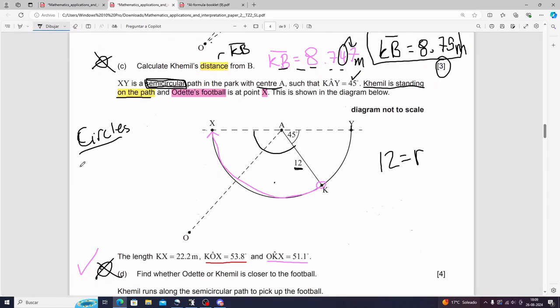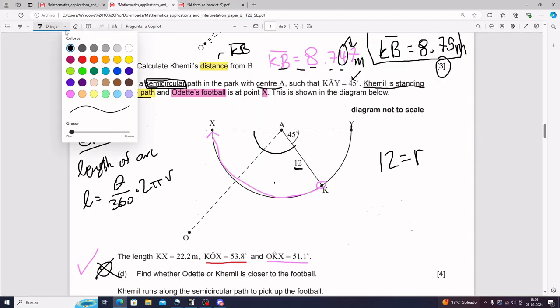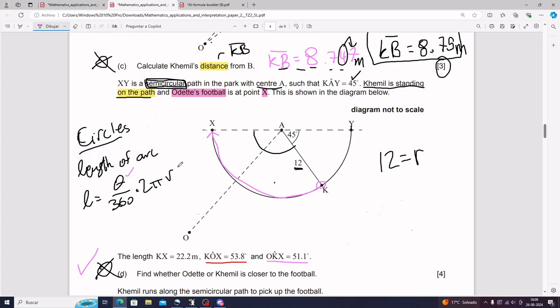So the formula for length of arc, you have L equals your angle, theta, divided by 360 times 2 pi r. So all you need is to figure out your angle and figure out your radius.